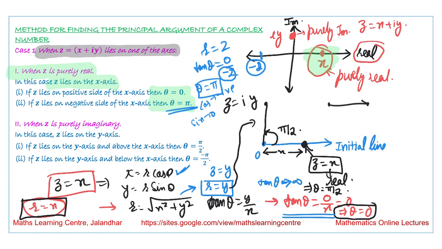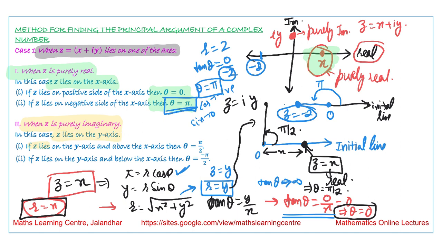So we plot this point over here. This is the initial line, and this is the angle pi. This is the point O, and this is the point z is equal to minus 2. So we have the angle over here, it is pi. Similarly, when z is purely imaginary, then z lies on the y-axis.